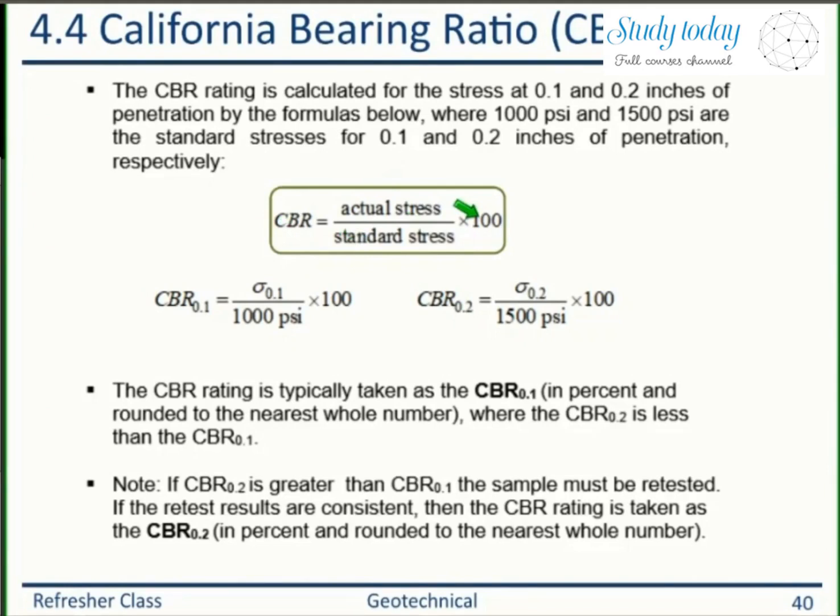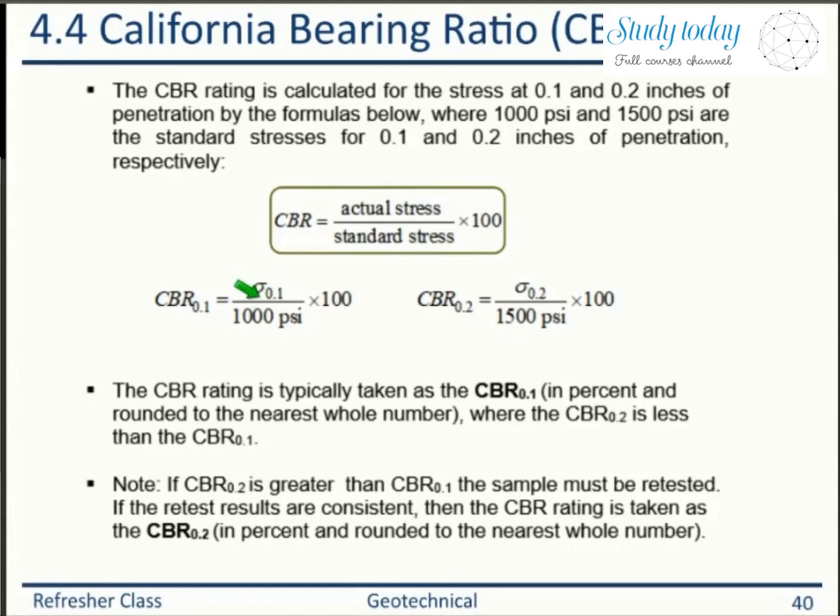The CBR value for 0.1 inch penetration is calculated as the actual stress required to penetrate 0.1 inch for the soil sample divided by the actual stress required to penetrate 0.1 inch for the idealized crushed rock. For the idealized crushed rock, it will require 1000 psi to penetrate 0.1 inch.